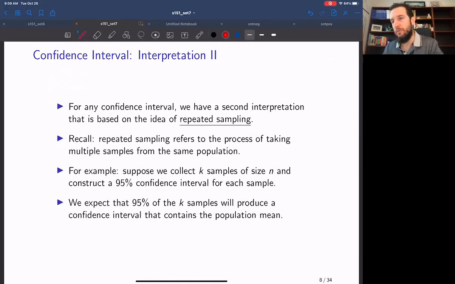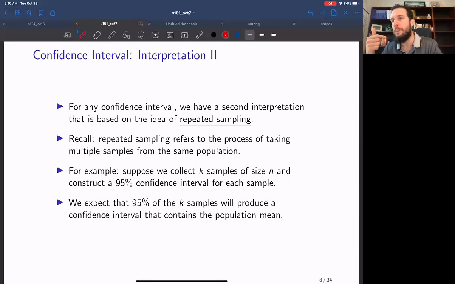So the way that our interpretation works for the confidence interval is based off the idea that if we were to repeatedly collect samples from the population, so we sample over and over and over again, and let's say we have 1,000 samples. If we build a confidence interval for every sample, so now we have, say, 1,000 confidence intervals, then if they're all 95% intervals, we would expect that 95% of the 1,000 intervals actually contains the true mean, which would mean that 50 of the confidence intervals do not contain the true mean.